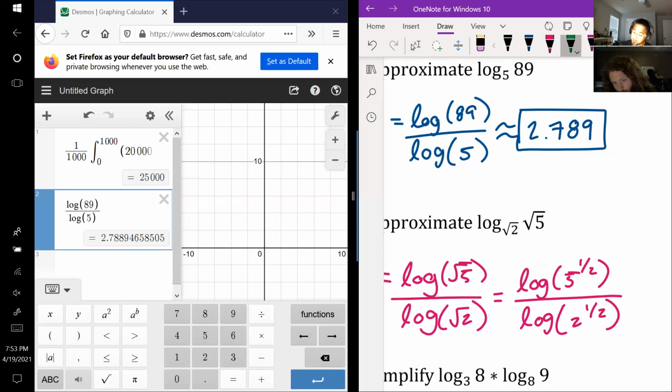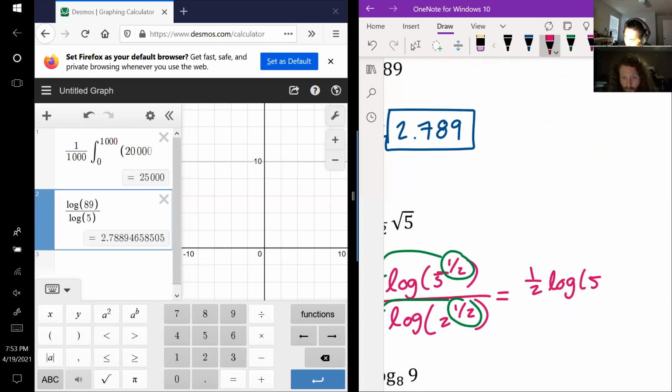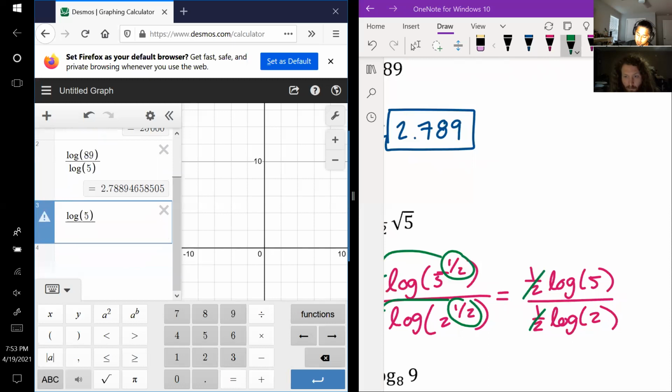And now we know that by power rule, these powers can come to the front of the log. And we'll get 1/2 log 5 over 1/2 log 2, where your 1/2s will cancel. And all we have to type in the calculator is log 5 over log 2. And we get 2.322.